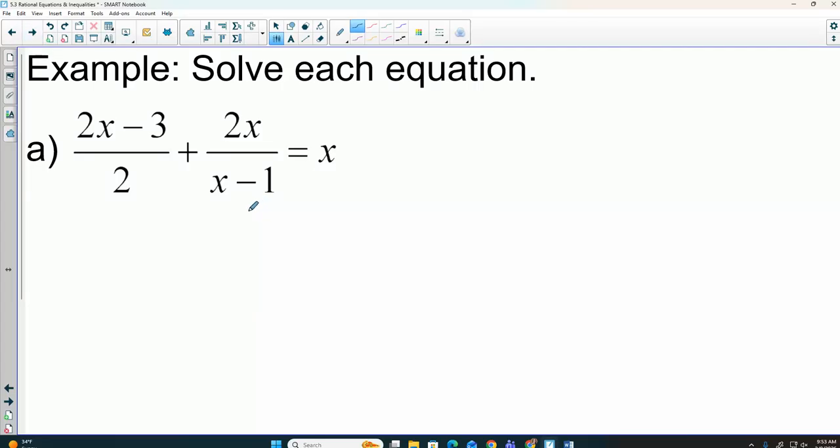Okay. Option number one. If I'm going to put all these together, we have to have a common denominator. This one has a denominator 2, this one's x minus 1, this one's just 1. So if these are going to have a common denominator, what does this fraction need?